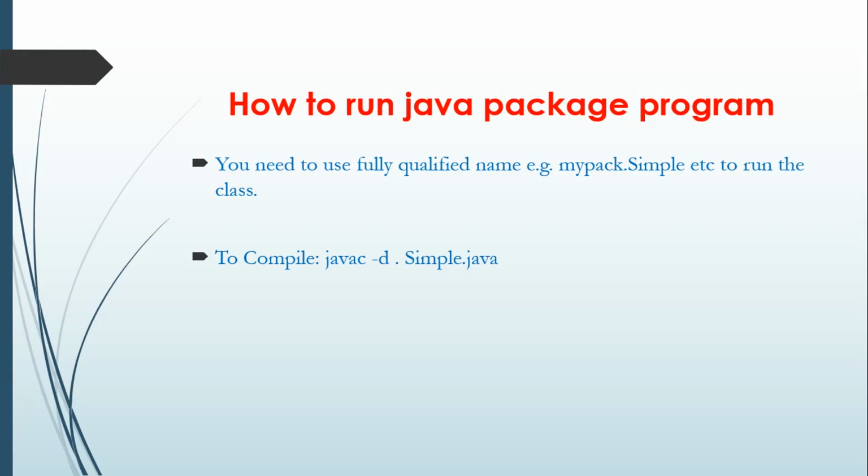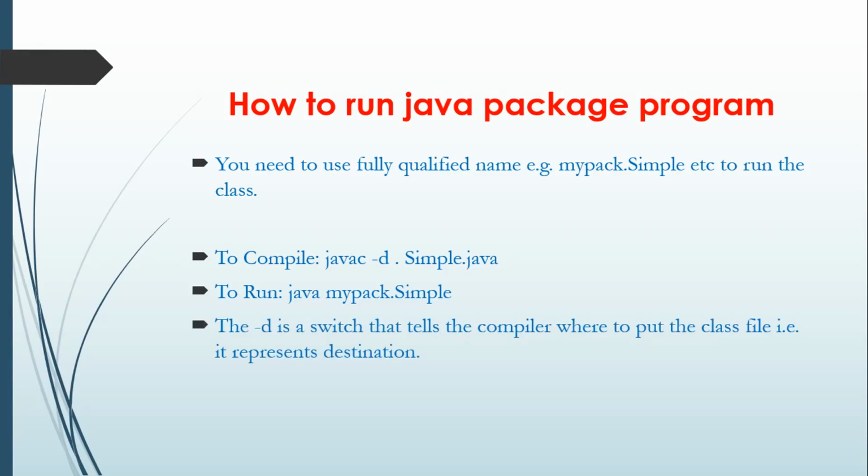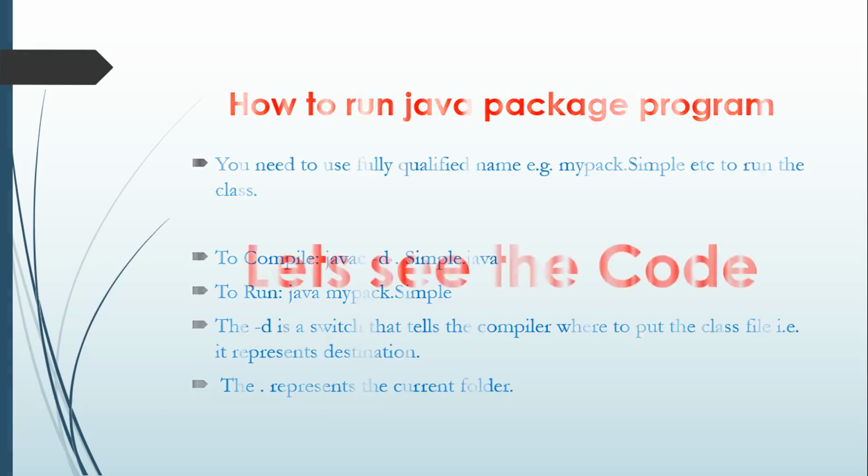To compile, we use javac -d . Simple.java, and to run we simply use java packagename.classname. The -d is a switch that tells the compiler where to put the class file, that is, it represents the destination. And the dot operator represents the current folder.